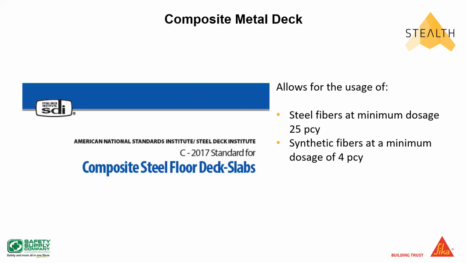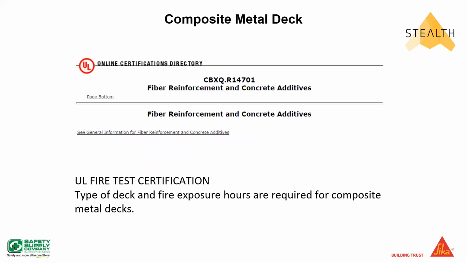This is what SDI allows for. Again, these are minimums. It takes a minimum 25 pounds of steel, and the reason is all about the burning aspect for the D700, D800, D900 floor ceiling design, and that's where UL comes into play. Every fiber on the market will not have a UL certification. My 650 product has a UL certification.